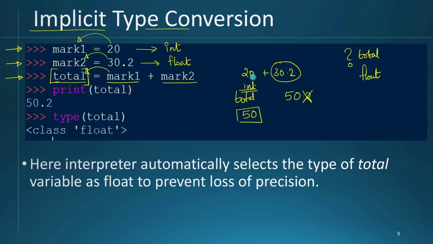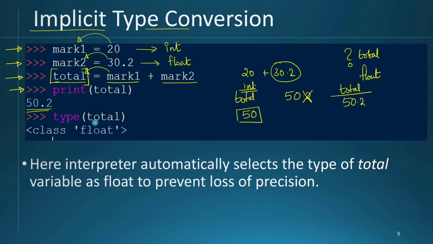So what is the advantage? Add 20 and 30.2. The result is 50.2, and it can be stored into total without losing any value inside it. This is called implicit type conversion. The interpreter decided that the total has to go with float so that it can actually store the entire result after the addition. So here you can see if I print the value of total, it will be storing a floating point number.